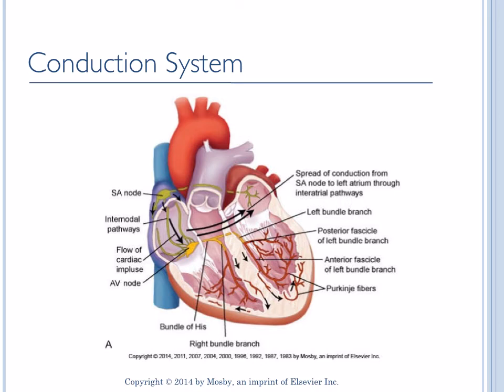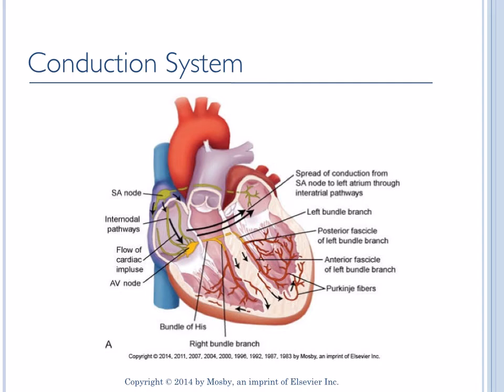So this impulse, the action potential, starts the depolarization of the heart and subsequently the cardiac contraction. The electrical impulse is normally started by the SA node, the pacemaker of the heart, so you see in this diagram, it's starting from the top. Each impulse coming from the SA node travels through the interatrial pathways to depolarize the atria, resulting in contraction.